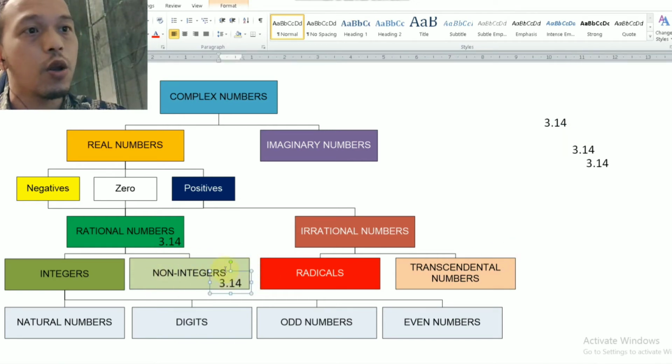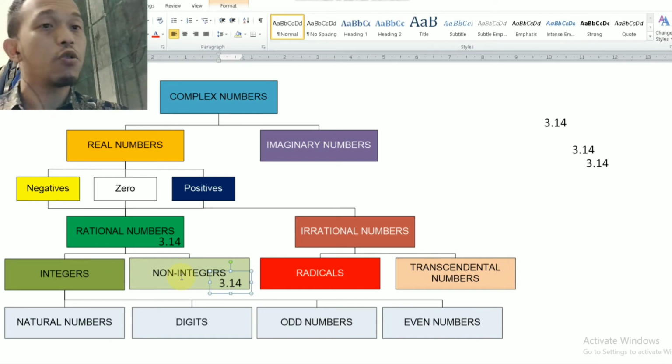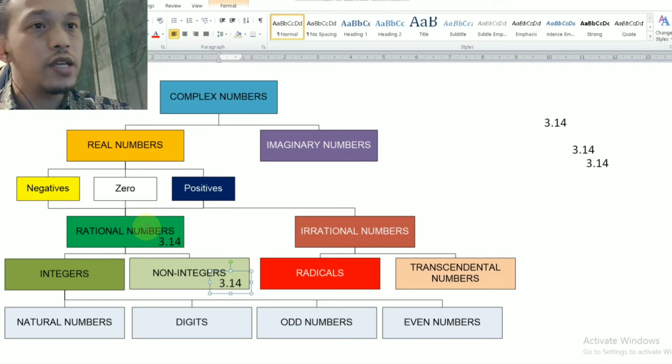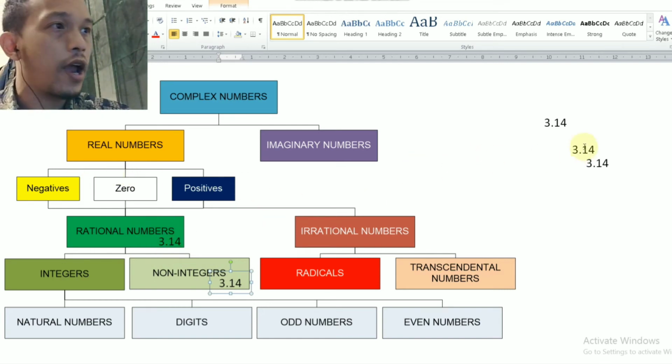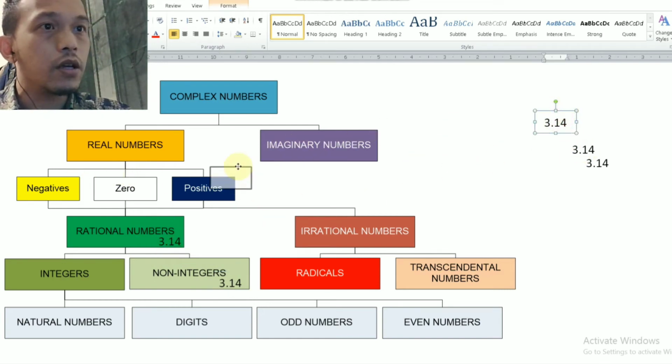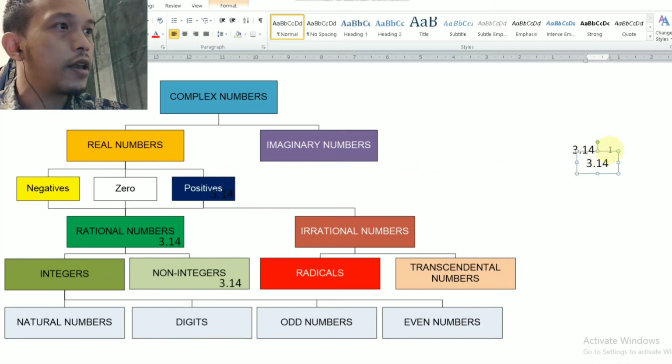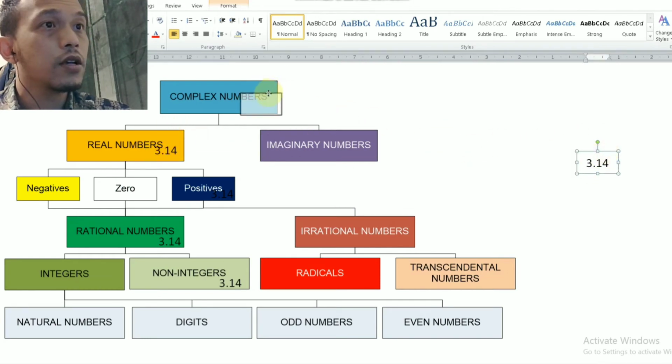Now, since this is the lowest level, you're safe to go upward. From these rational numbers, you can know that 3.14 belongs to positives, and then it must belong to the real numbers, and it belongs to the complex numbers. That's it.